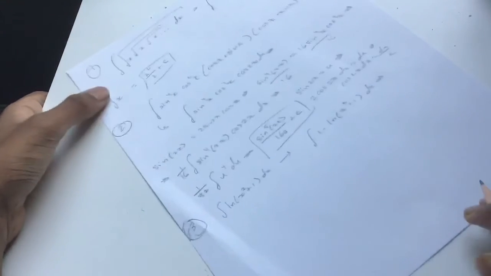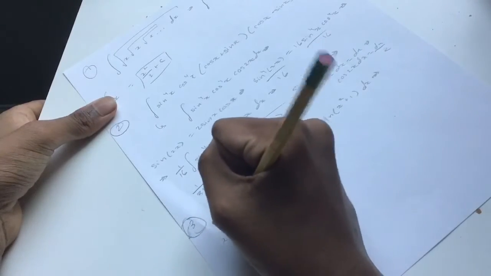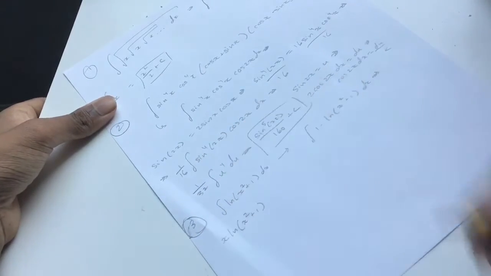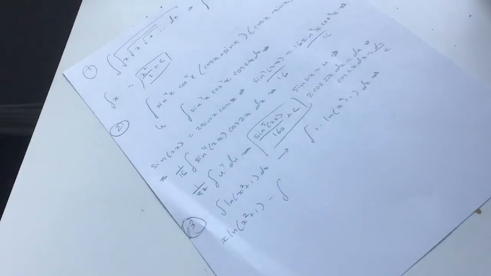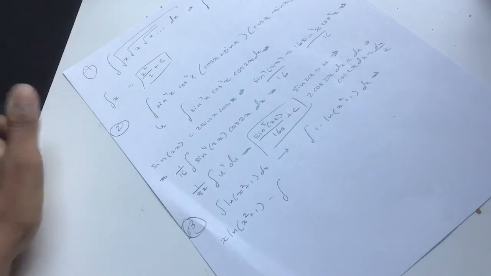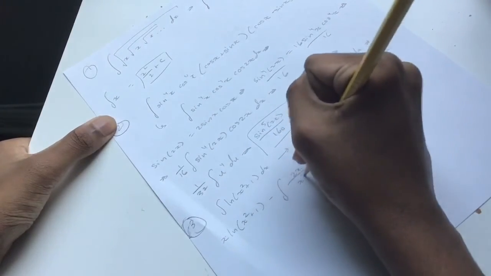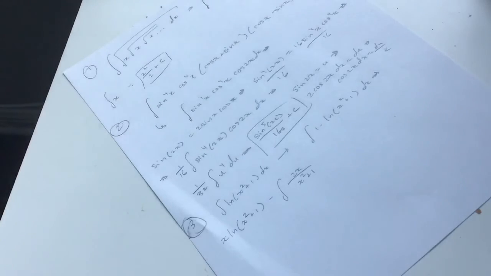Okay, so upon evaluating, this becomes x ln of x squared plus 1 minus the integral of the derivative of ln of x squared plus 1, that's 1 over x squared plus 1 times 2x. In other words, that's 2x over x squared plus 1, times, of course, the integral of 1, which is x.